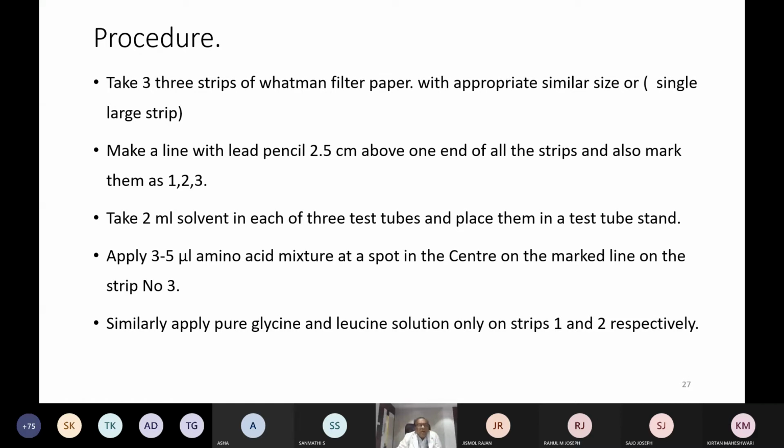Apply about 5 to 6 microliters of the amino acid mixture at the center of the marked line, and similarly apply the standards, pure glycine and leucine, which are 2 parts, and one will be the mixture of glycine and leucine, which will act as the unknown.